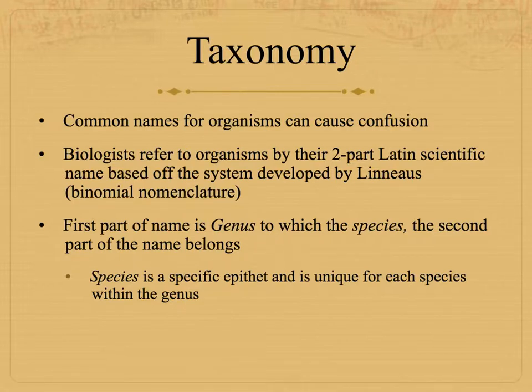So in Linnaeus' system, there's two names. They're both Latin. The first part of the name is the genus, and that is a grouping to which the species, which is the second part of the name, belongs. So species is the most specific that you can get. We call that the specific epithet, and it is unique for each species within that genus.